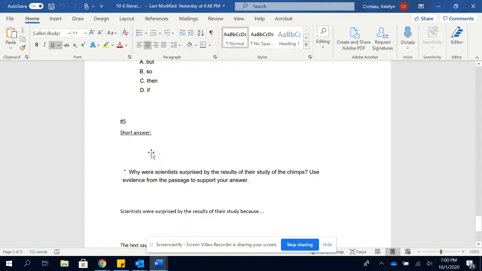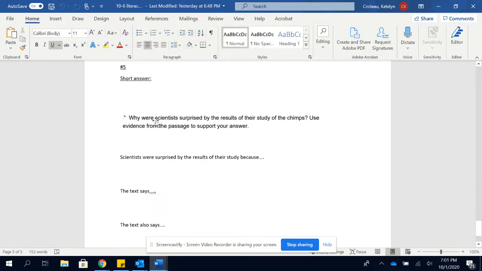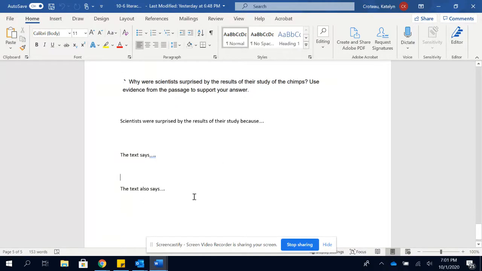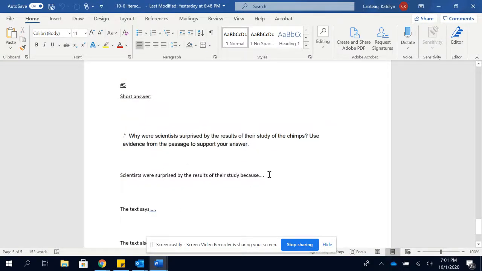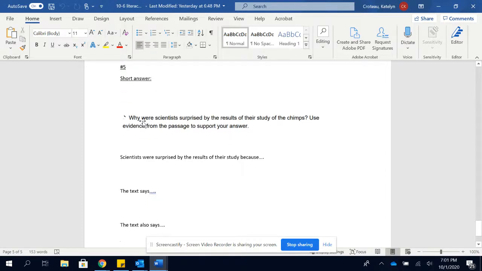Number 5, short answer. Ooh, my fave, short answer. You need to make sure you have 3 sentence responses. Look at you. You've got some sentence starters, some of you. How lovely. You can use these to start your 3 sentences. Why were scientists surprised by the results of their study of the chimps?